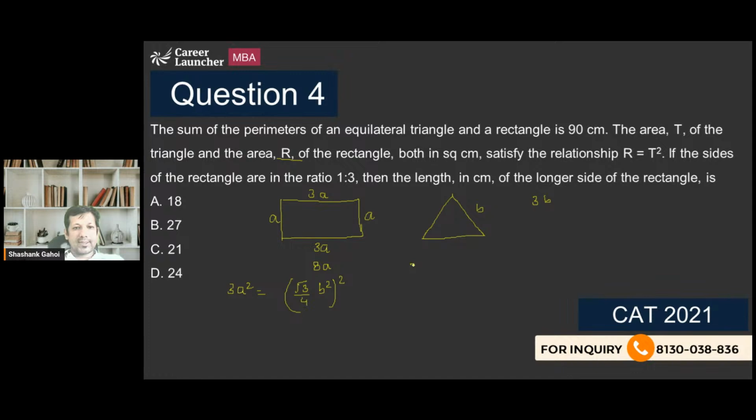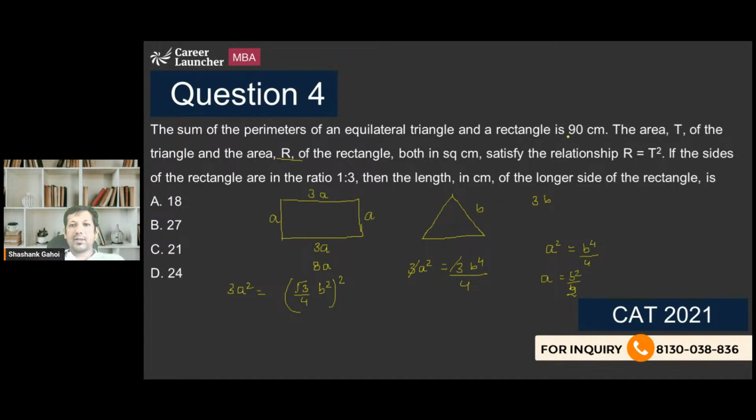So from here I can say 3A square is equal to what? 3A square is equal to 3B power 4 upon 4. So 3 cancels out. So I can say A square is equal to B power 4 upon 4. So A comes out to be B square upon 2.